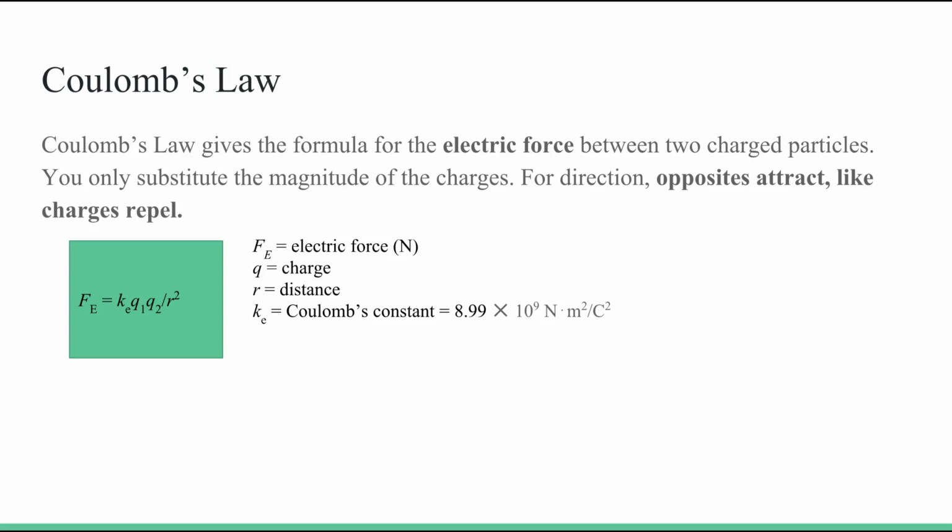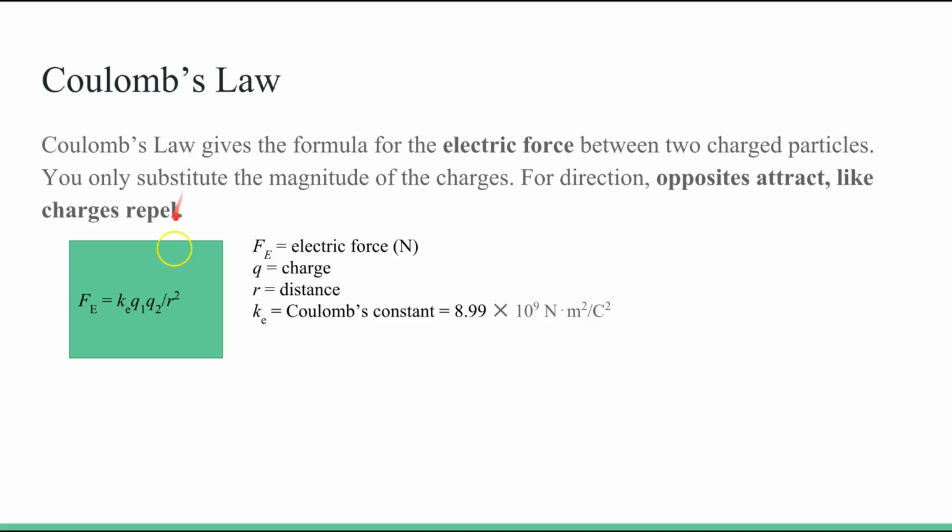So now we're going to talk about electric force. The basic equation for electric force is known as Coulomb's law. And you can see where we got the unit coulomb from. Coulomb's law gives the formula for the electric force between two charged particles.